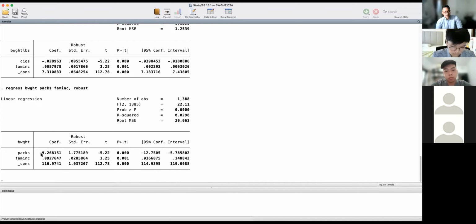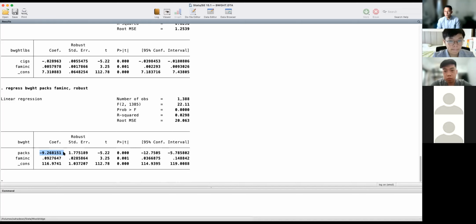To convert the number of cigarettes into packs, you need to divide the number of cigarettes by 20. And so if you divide the right-hand side of the equation by 20, to keep the equation unchanged you need to multiply the estimated coefficient by 20 as well. Basically, the estimated coefficient for the number of packs is 20 times the estimated coefficient on the number of cigarettes smoked.